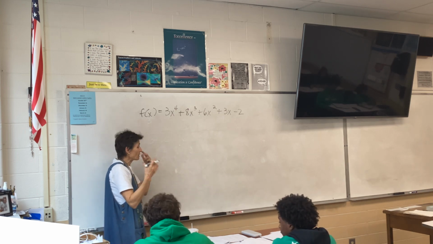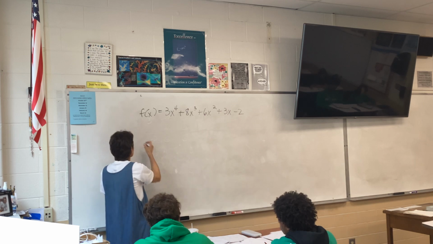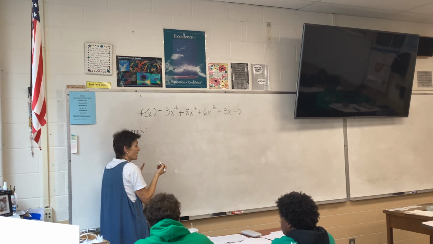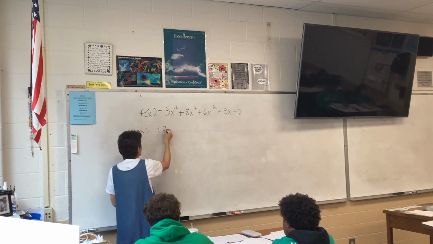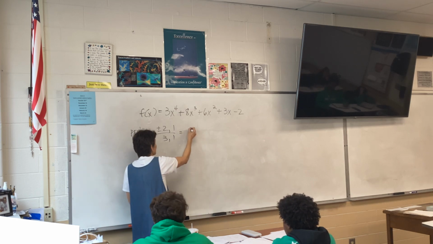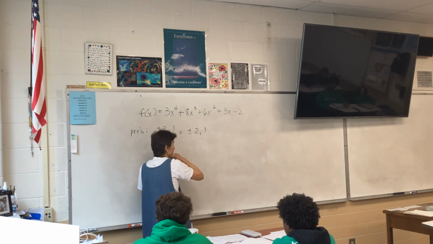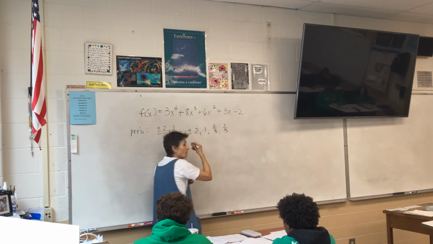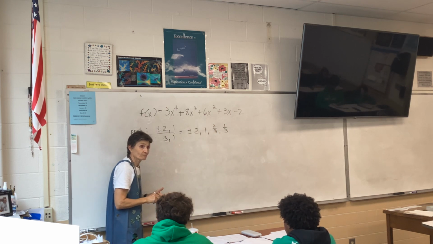So then you gotta think about what you're gonna do to help you. So somebody said PRRs. Okay, PRRs are meant to help. So they would be factors of 2 over factors of 3. So if I am guessing numbers, I'm gonna guess 2 and 1, 2/3 and 1/3, plus or minus all those.